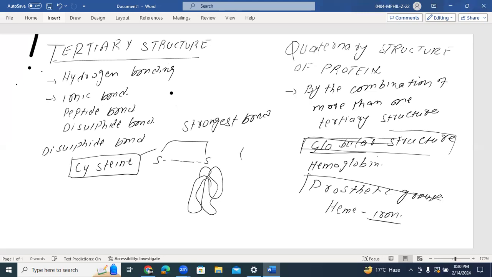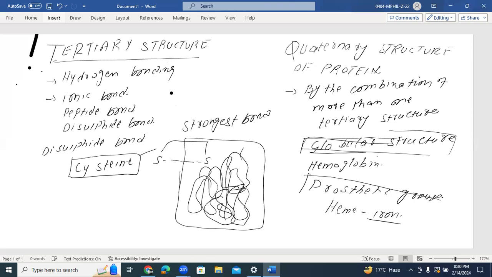For example, there's one tertiary structure, then another tertiary structure like here, then another tertiary structure like here, and another like here. So this is how you will get a three-dimensional structure that is called globular structure, and it is the structure of hemoglobin.